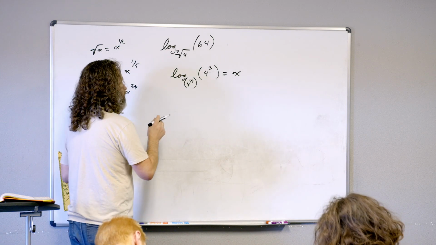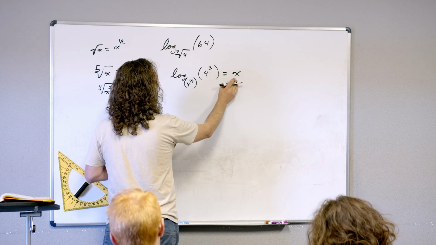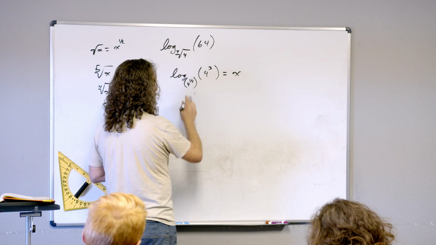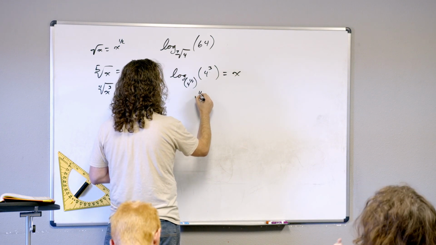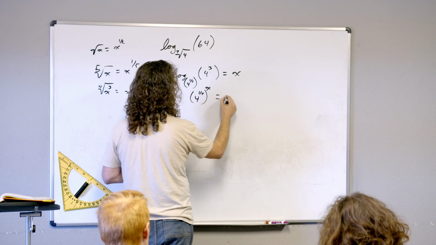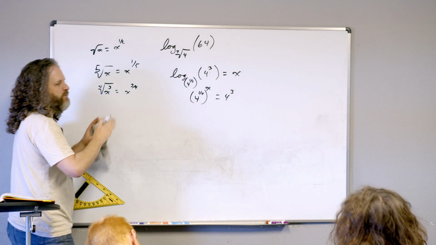So we're trying to figure out 4 to the 1/7 to the what equals 3, right? So let's do that. So 4 to the 1/7 to the x equals 4 cubed. That's really what we're doing there, right?